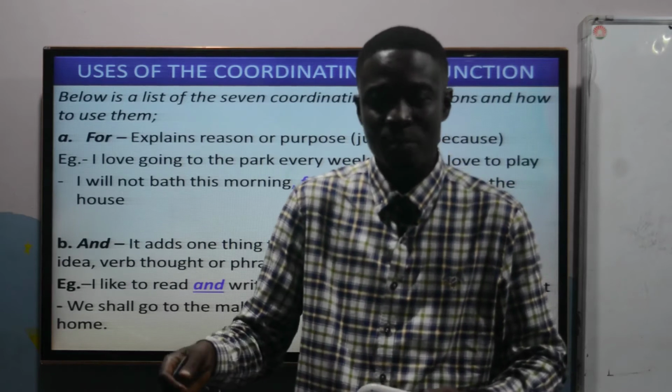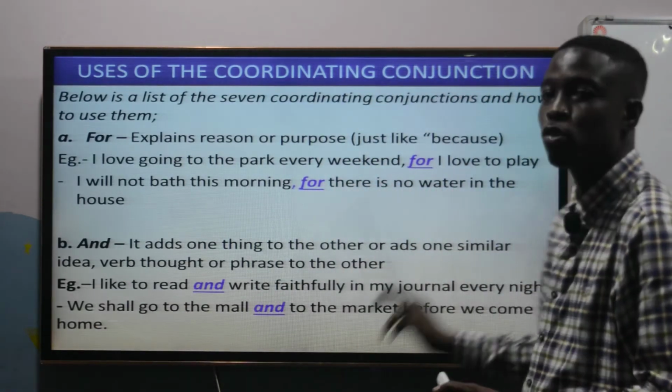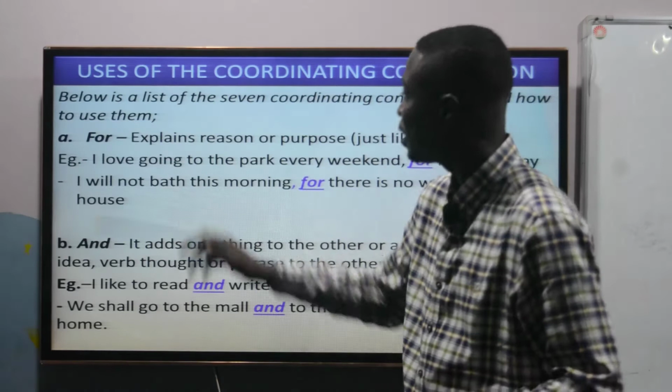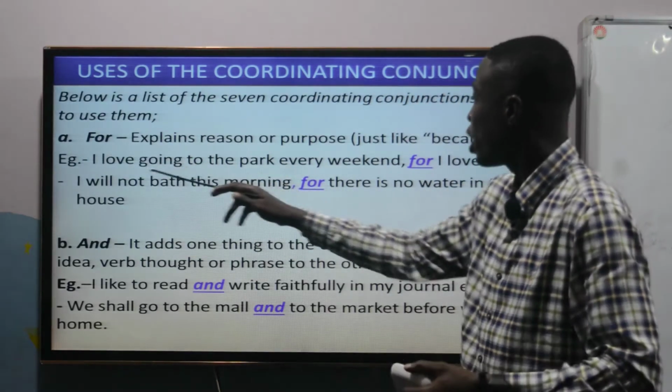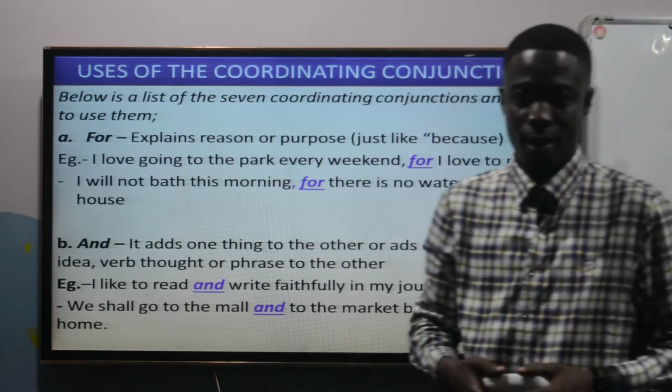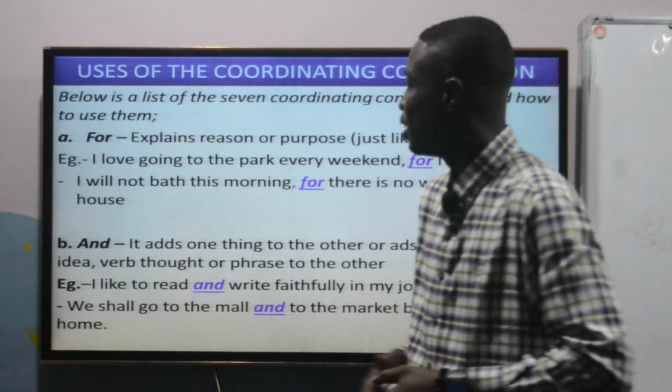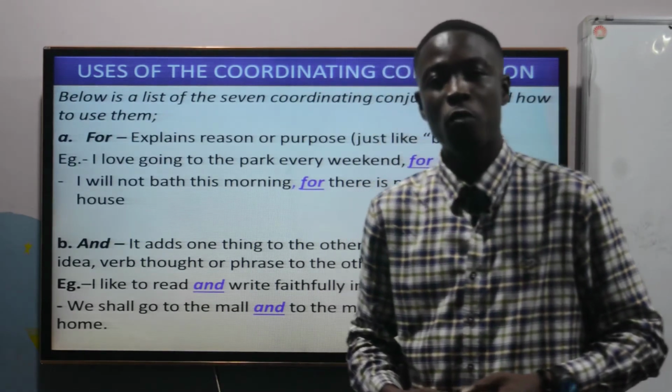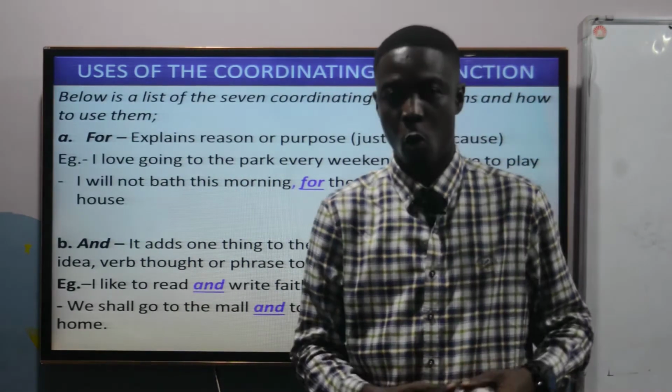The reason being that I love to play. So for is explaining the reason or the purpose for which I love going to the park. That is the explanation for the conjunction for.